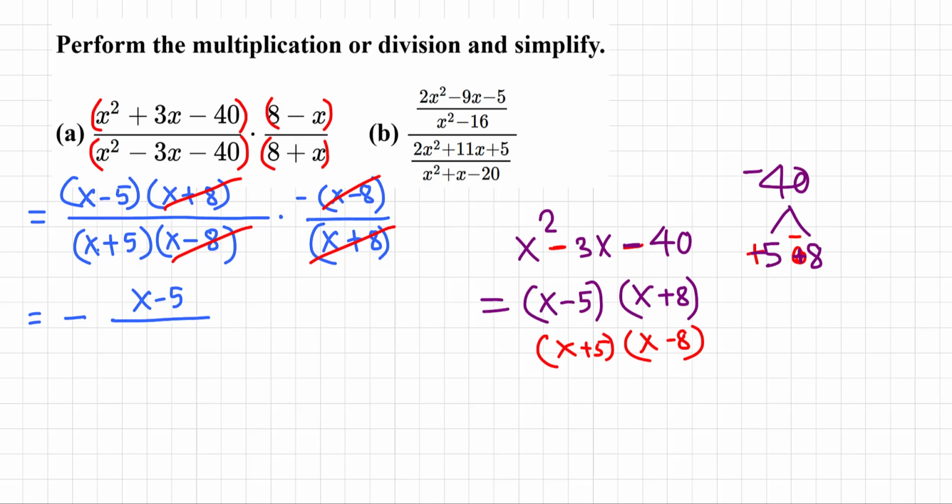All over x plus 5. This negative is in the front, or you can regard this as for the top. If you want to put it in the top, then you have to put parentheses around, or you can put it on the bottom, but just keep it in the front. That's the final answer, because now this is a block. Do not cancel anything, because now x minus 5 and x plus 5 are different.